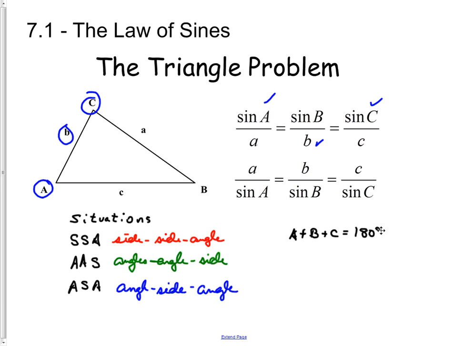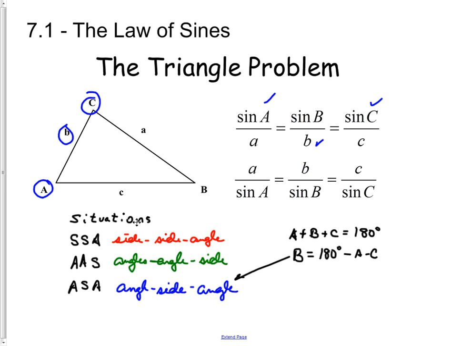That's useful for us because we could find angle B by taking 180 degrees and subtracting from it the other two angles. So we can use the angle-side-angle situation when it comes to the law of sines. That's it. These are the only situations in which we use the law of sines.